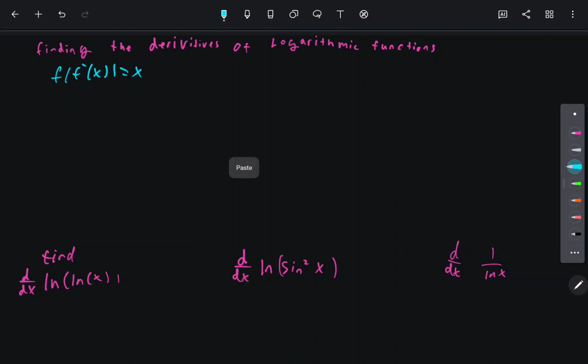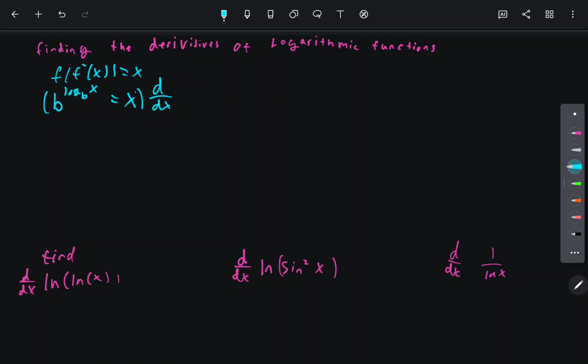So let's say that we have b to the power of logarithm base b of x, and that's equal to x. Now we can take the derivative of both sides with respect to x, and we know what this derivative is.